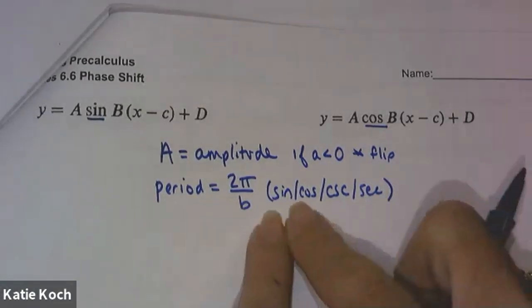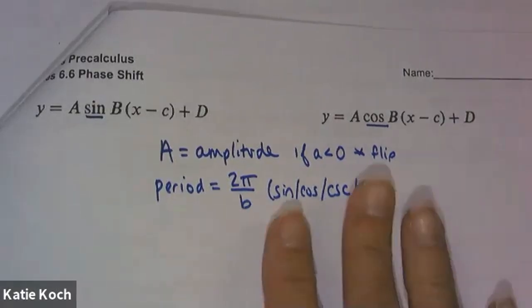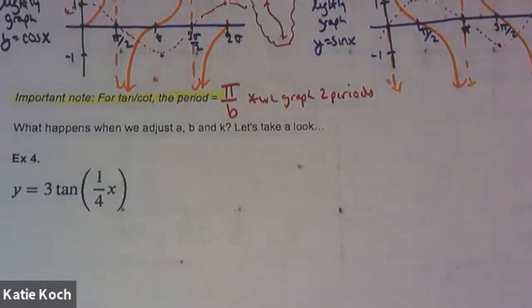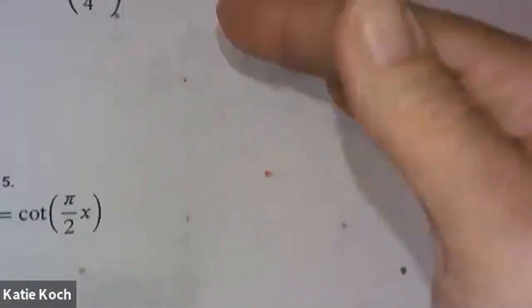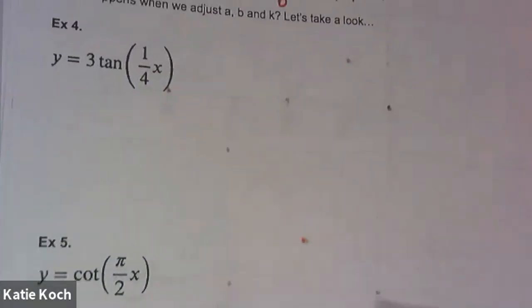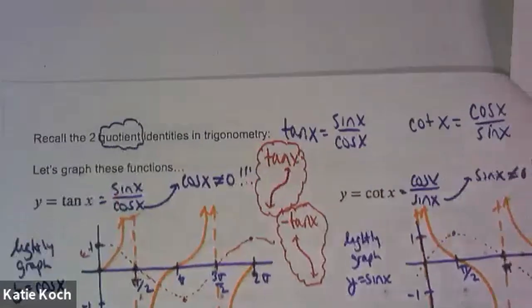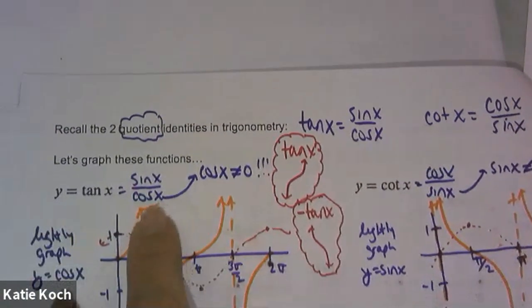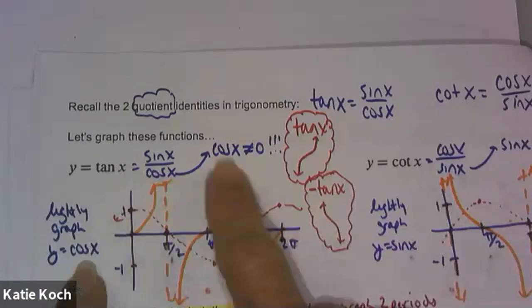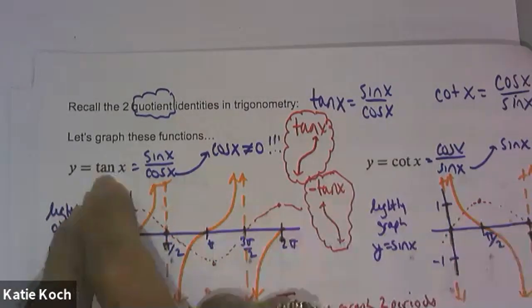So I always start with 2 pi over B because even when I was graphing tangent the other day, and I hope you had a chance to look at that video when I did these tangents with you, I looked at 2 pi over B because I don't actually consider this as graphing tangent.